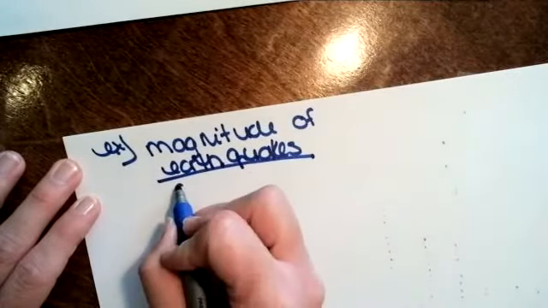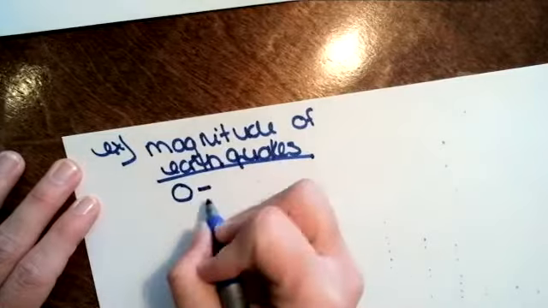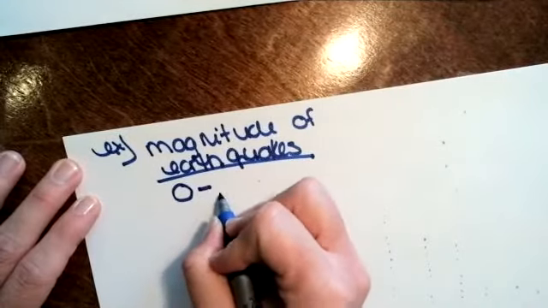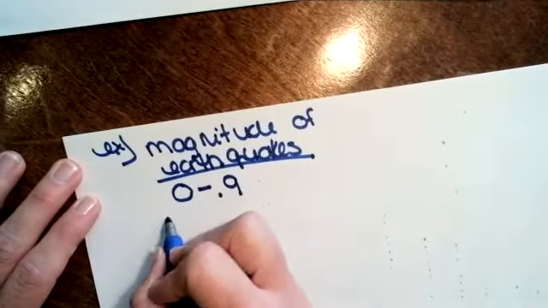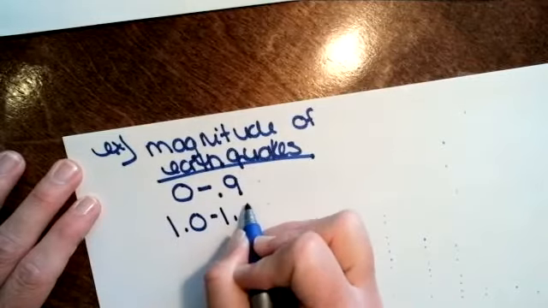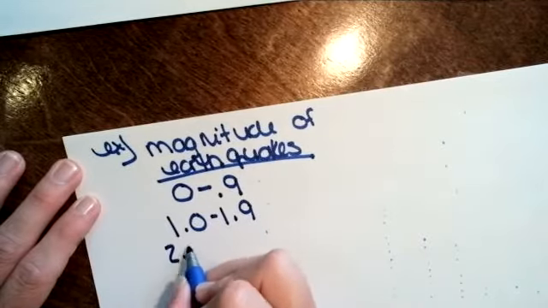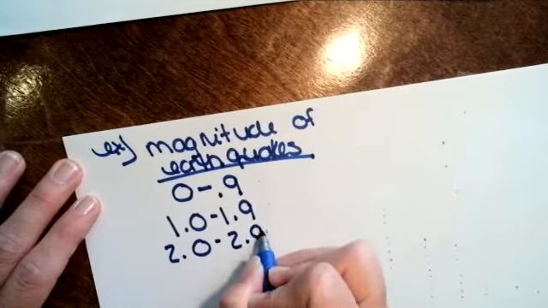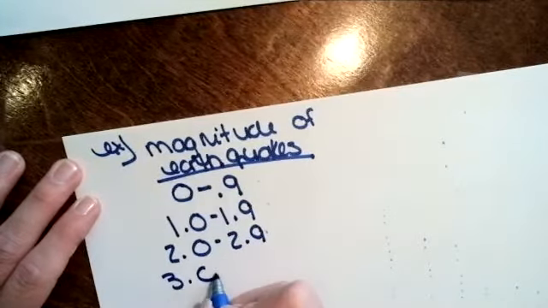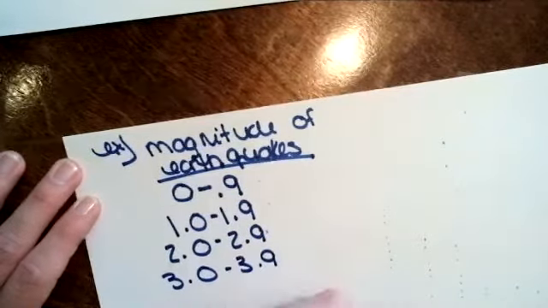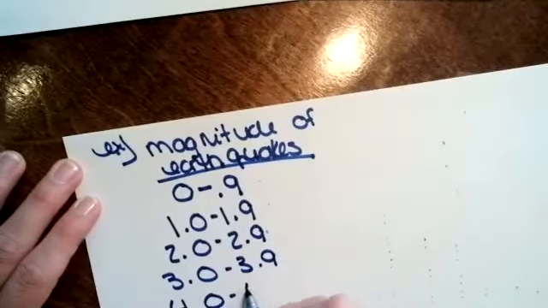So I have this range. Magnitude can be between 0 and 0.9, or 1.0 to 1.9, 2.0 up to 2.9, 3.0 to 3.9, and so on. So I'm just going to keep filling this out.